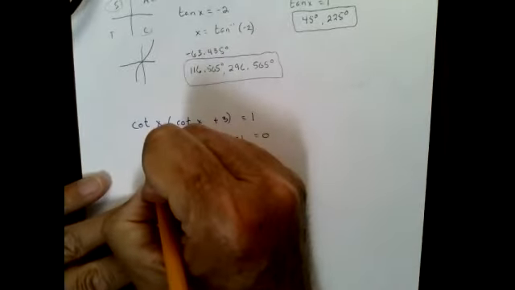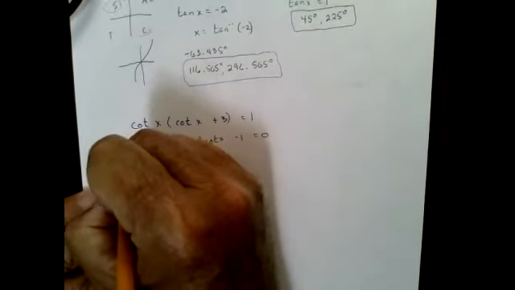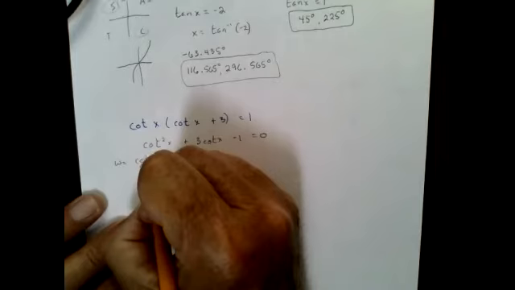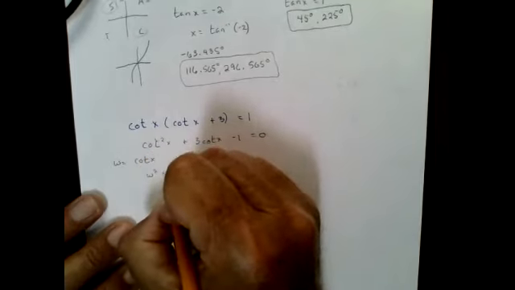I'm going to say, let W equal the cotangent of X. So right now, W equals the cotangent of X, and I have W squared plus 3W minus 1 equals 0.